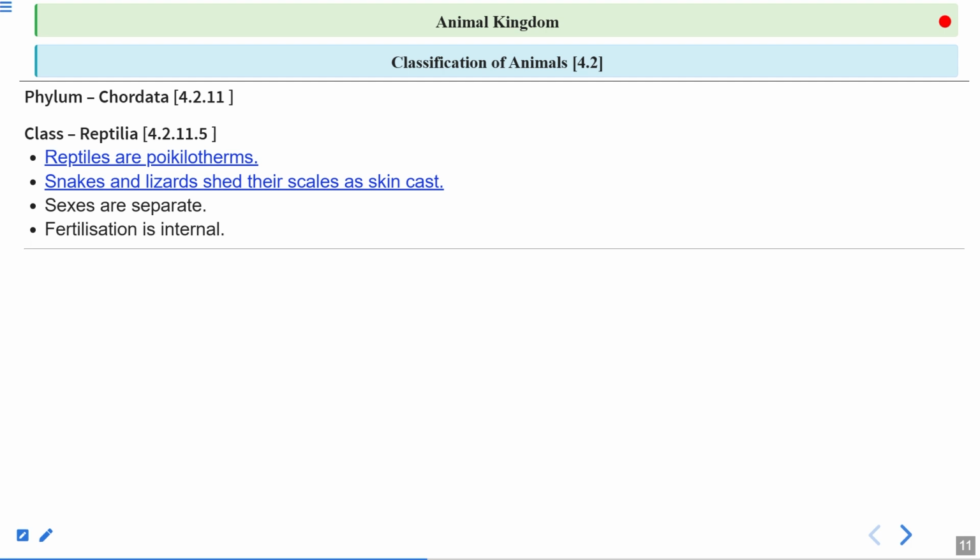The male individual transfers the sperm into the female genital tract, and in the female genital tract, there is an egg. So the sperms fertilize the egg inside the female body, right? So fertilization is internal.